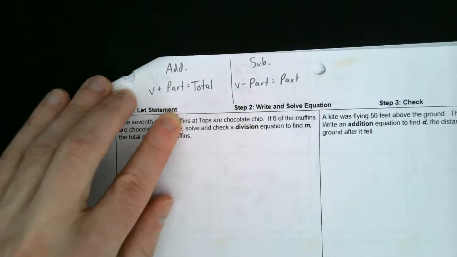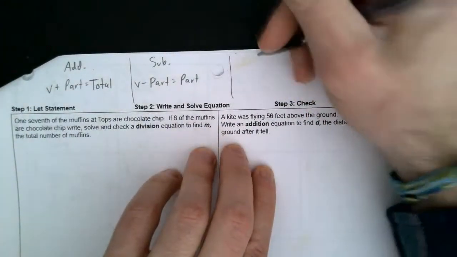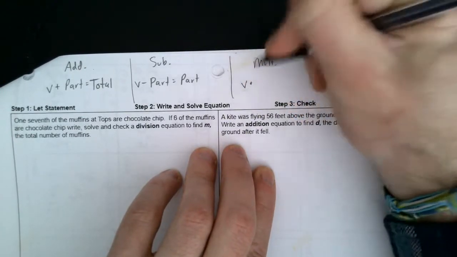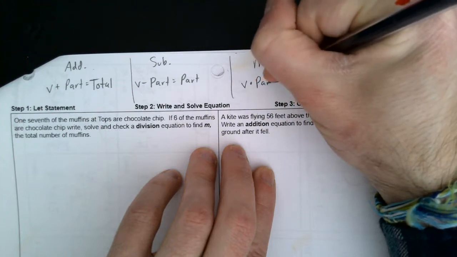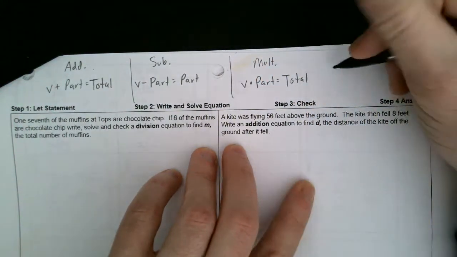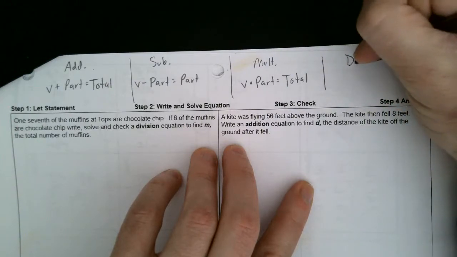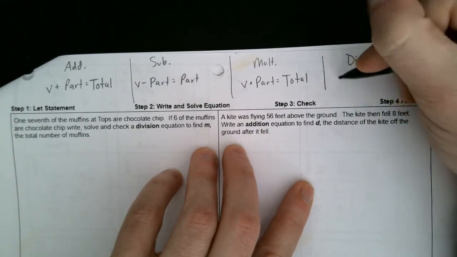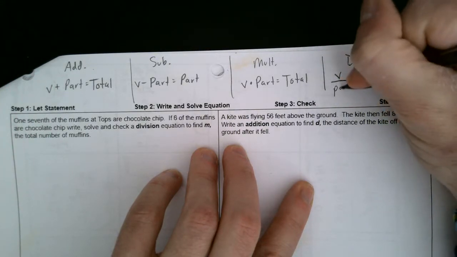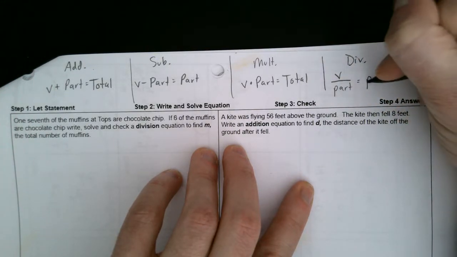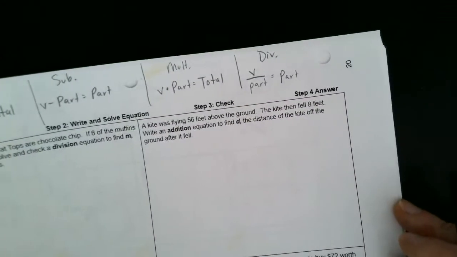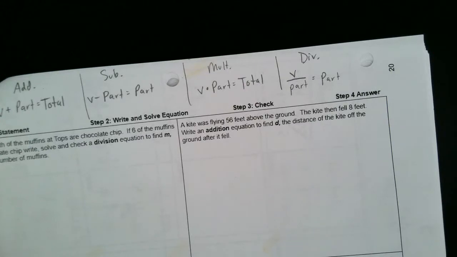Notice the variable is always going first here. Multiplication, we'll do variable times the part equals the total. And last but not least, division. We have the variable, of course, variable goes first, divided by a part equals another part. So there they are. All the tricks, all the secrets of writing equations in 6th grade.